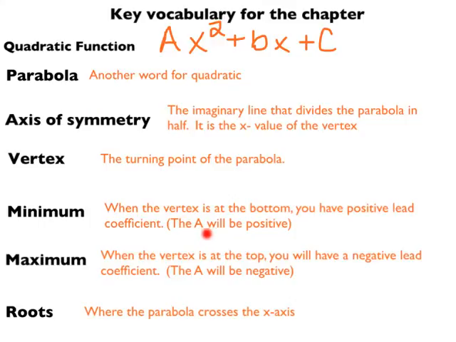Therefore, the a will be positive. Maximum. When the vertex is at the top, you will have a negative lead coefficient. That means your a will be negative. Roots. Where the parabola crosses the x-axis. Other words where you will hear roots, you will hear the word zeros. Identify your zeros or your x-intercept.